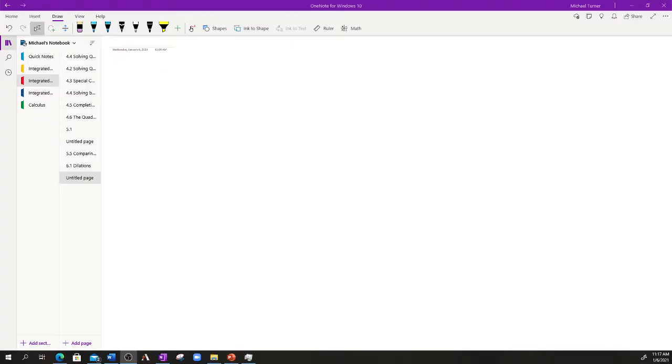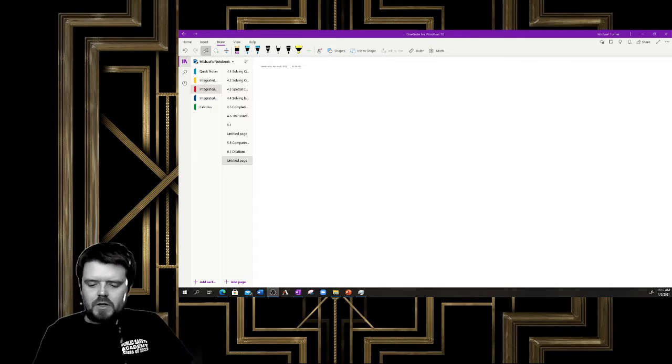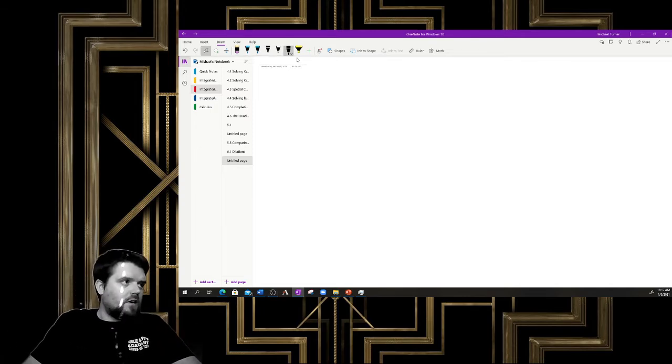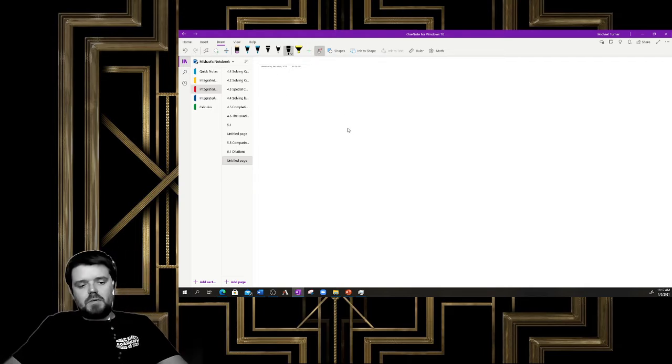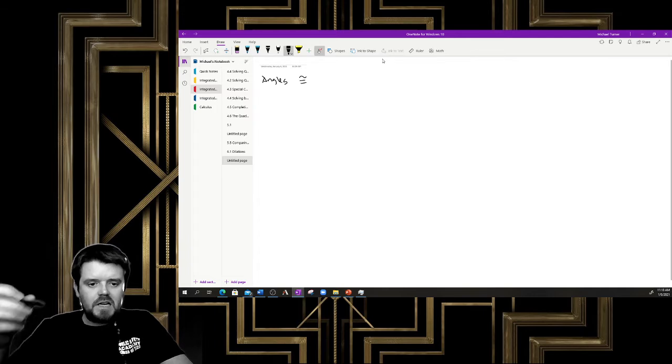So in similarity, let's focus on triangles because that's what we're going to be focusing on here in our section. For two triangles to be similar, our angles all have to be the same. So all the angles between the two shapes have to be congruent. Remember that equal sign with a little squiggle above it as your congruency symbol.